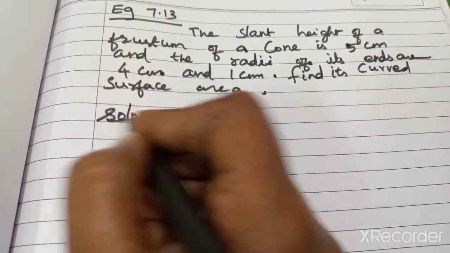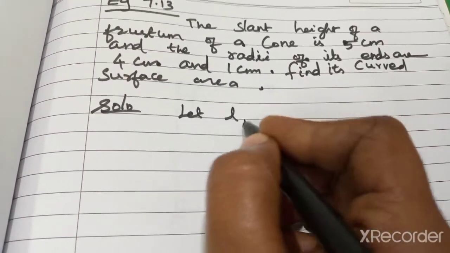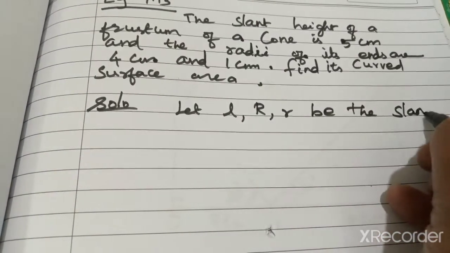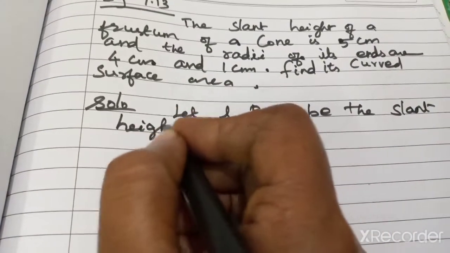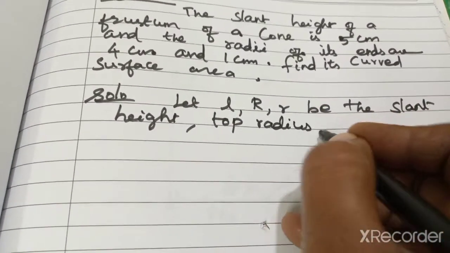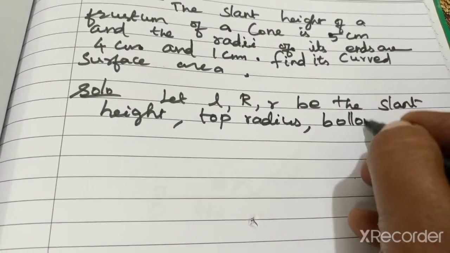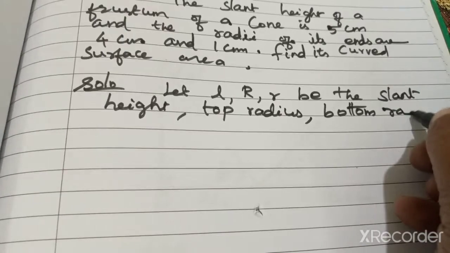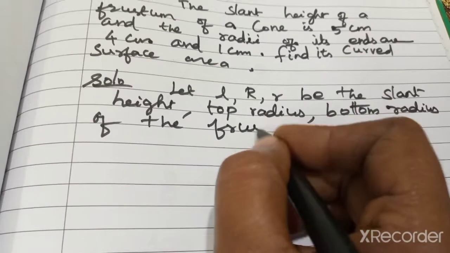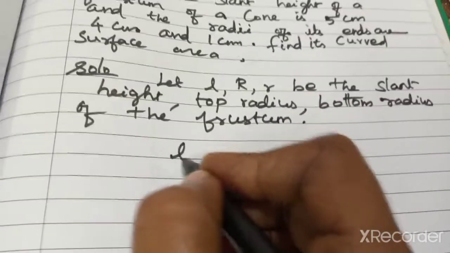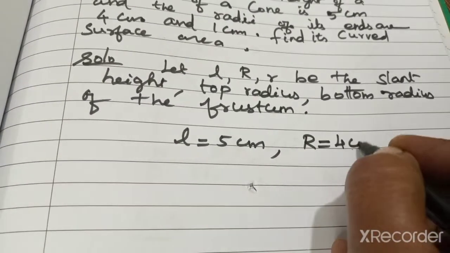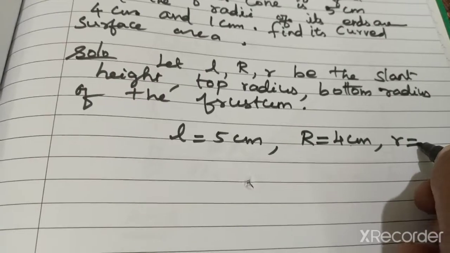Let us write the values given. Let l, R, r be the slant height, top radius and bottom radius of the frustum. So l is given as 5 cm slant height, and R is 4 cm, and the small radius r is 1 cm.